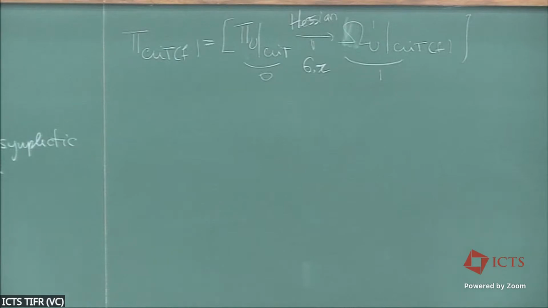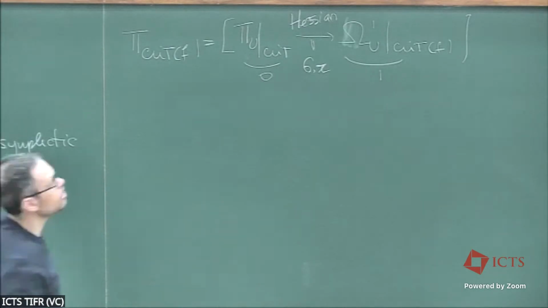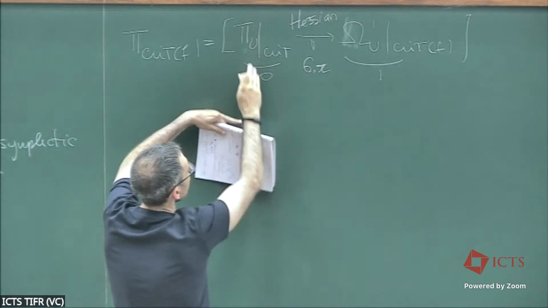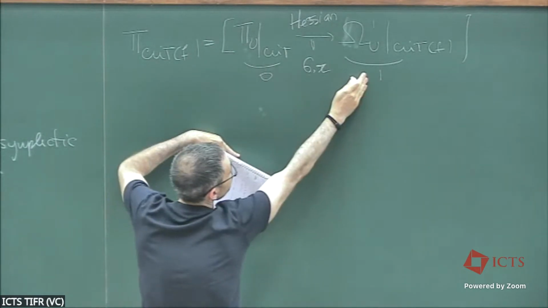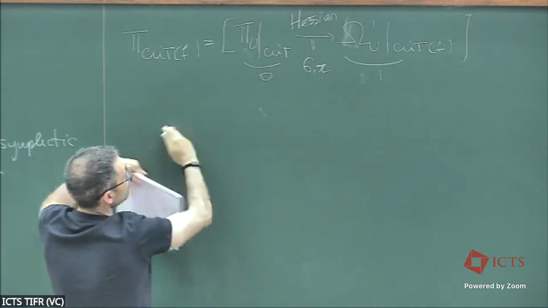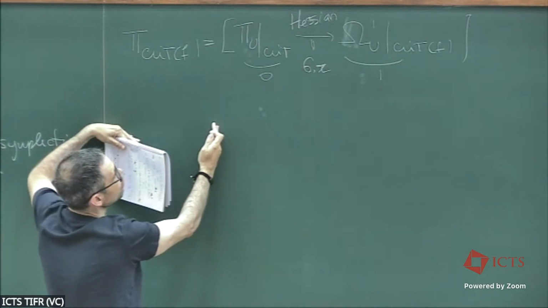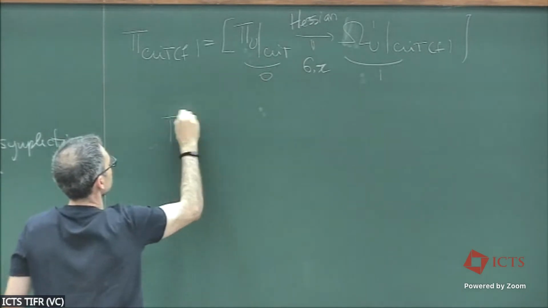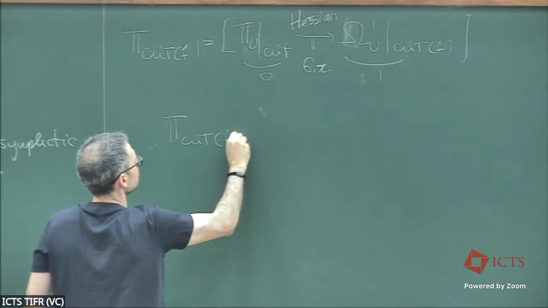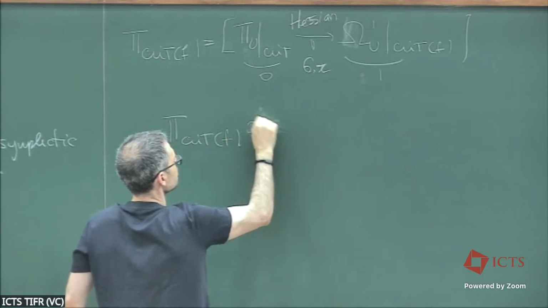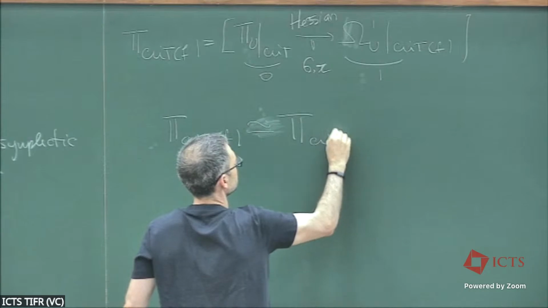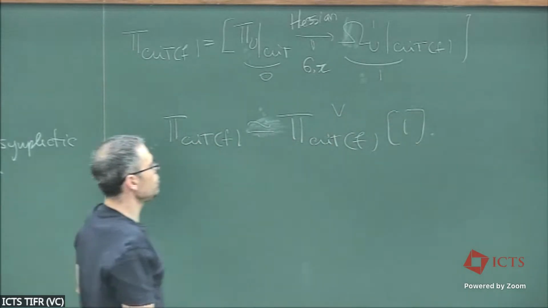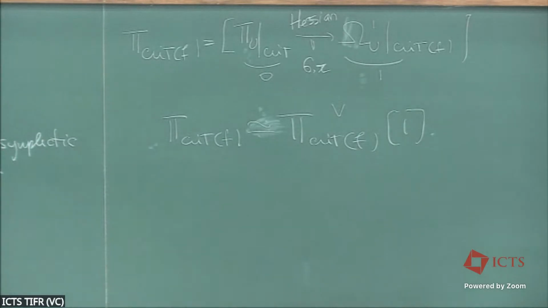The fact that the Hessian is symmetric tells me that if I dualize this complex, the piece in degree 0 remains in degree 0, the part in degree 1 becomes in degree -1, so I get essentially a copy of the same complex, but with the dual of the Hessian. But this Hessian is symmetric. So what I'm telling you here is that the symmetry of the Hessian gives me a quasi-isomorphism between this complex and its dual with a shift.